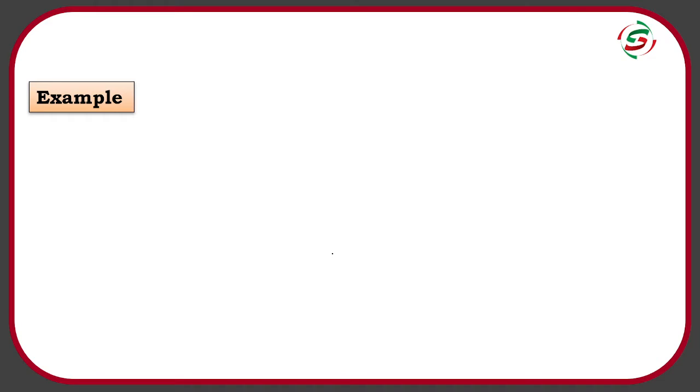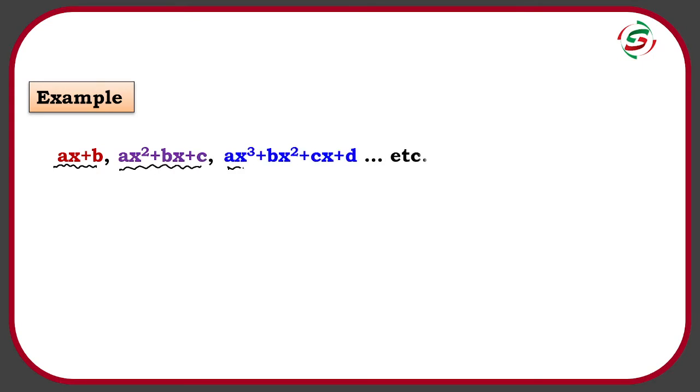Next let us go for the examples. See here, ax plus b, ax square plus bx plus c, ax cube plus bx square plus cx plus d, and so on. These all are called polynomials.